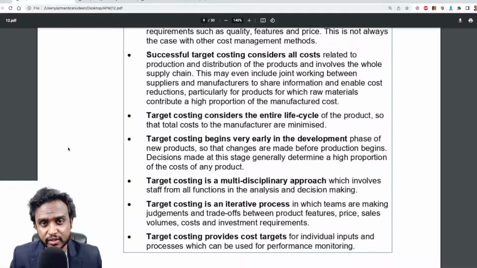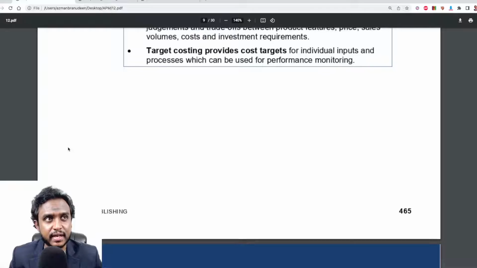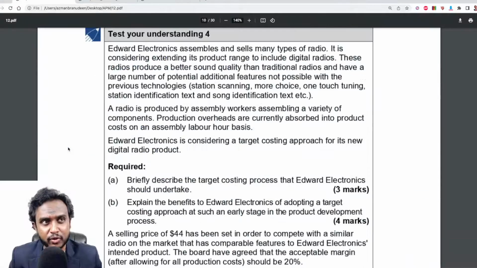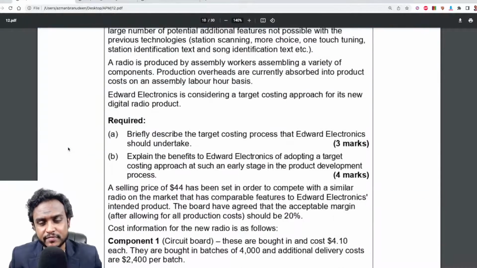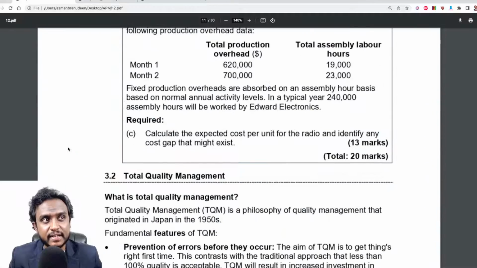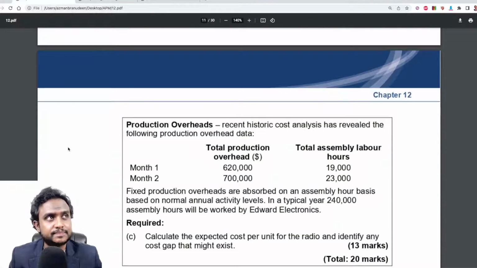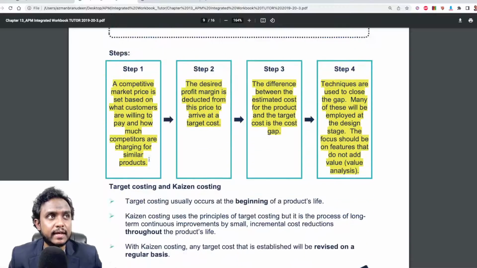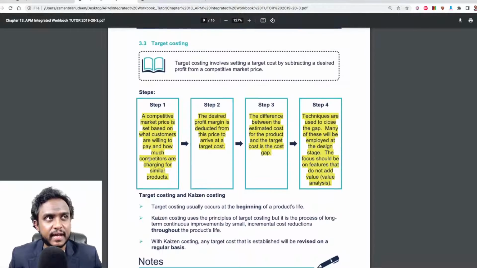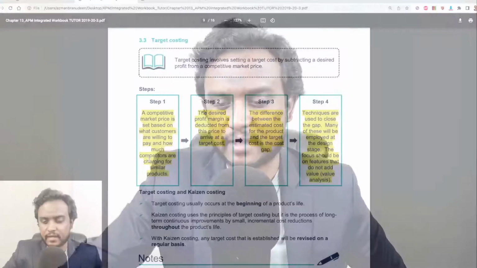So there is delegation enabled. It can improve employee morale, because you can also give them the freedom to decide how they want to address this. So that is target costing, and how target costing actually works.